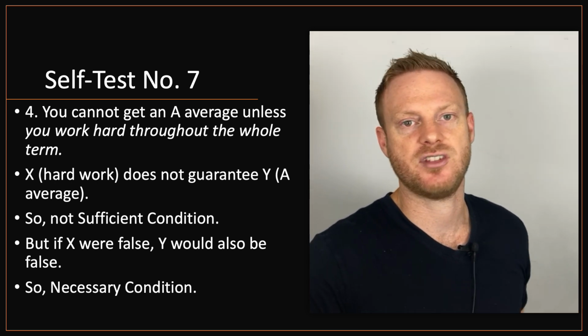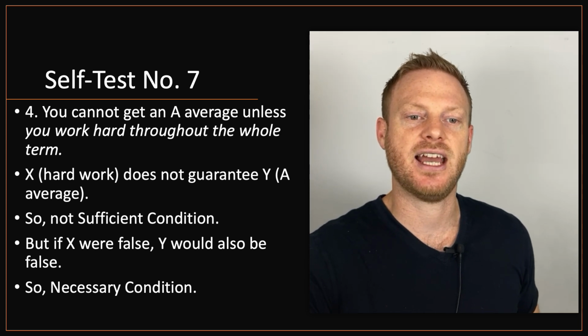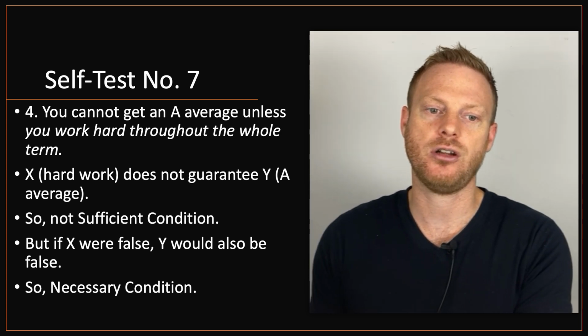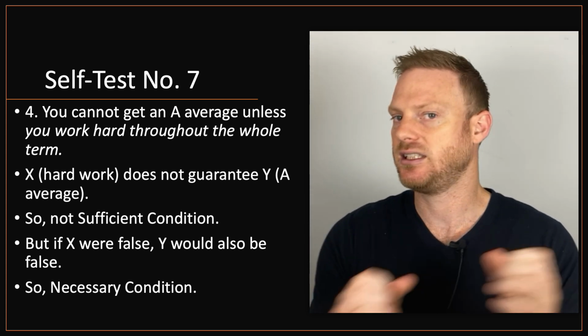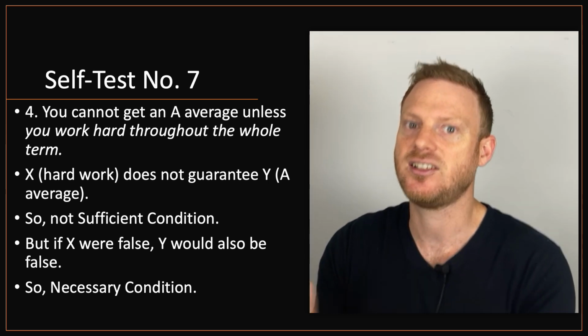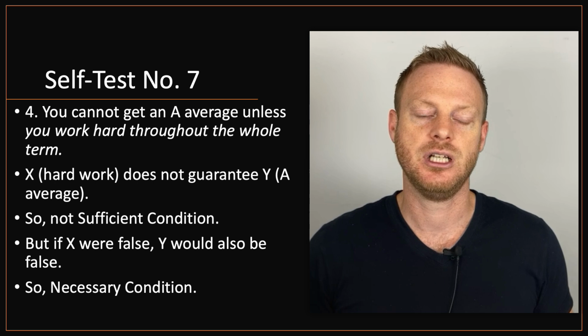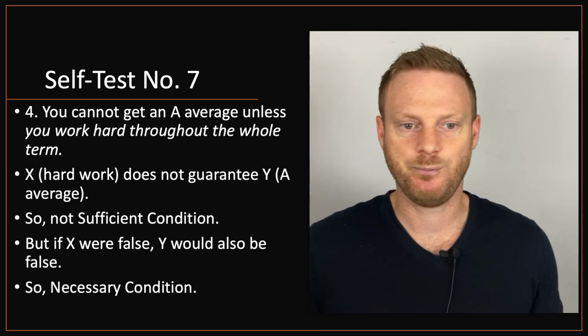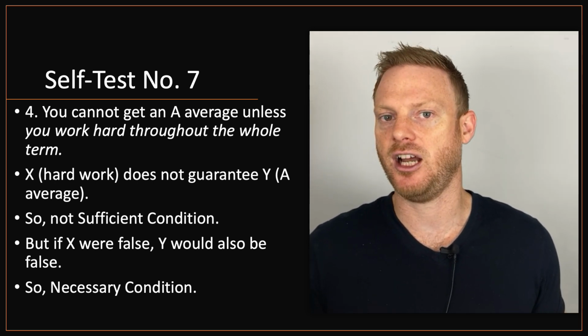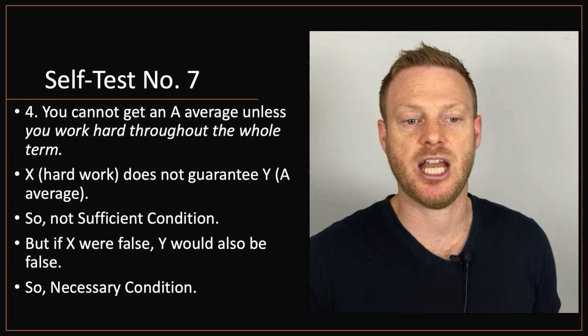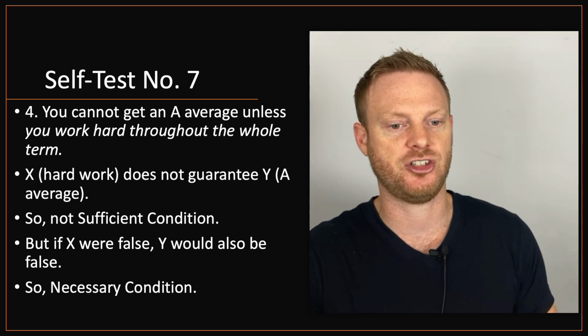And so what we have here is a necessary condition. What we're saying is that it's necessary to work hard through the whole term to get an A. It's not sufficient to work hard. It doesn't guarantee that you're going to get an A. You absolutely must work hard. You probably have some other things to do as well. But just working hard isn't enough, but it is necessary. And so you have a necessary condition, not a sufficient condition.